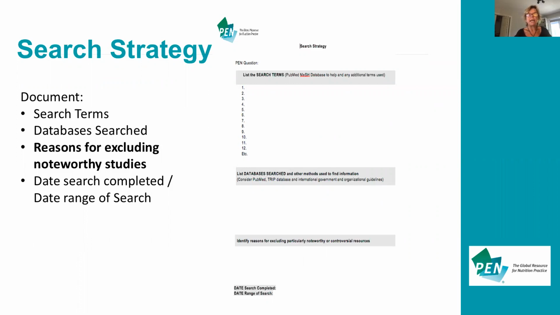It could be related to the fact that they were a lower quality review, for example, or that there were other concerns that the outcomes were less relevant than the ones that were included. So that's all part of, what are the studies that I have selected and my justification for including them in PEN.